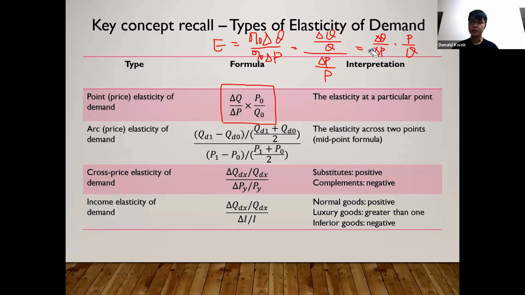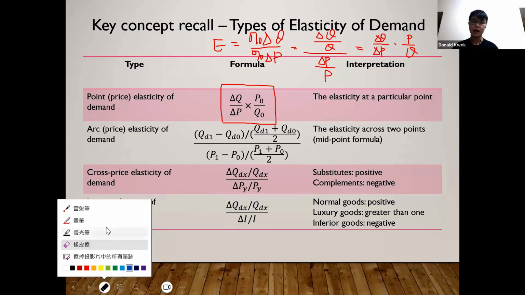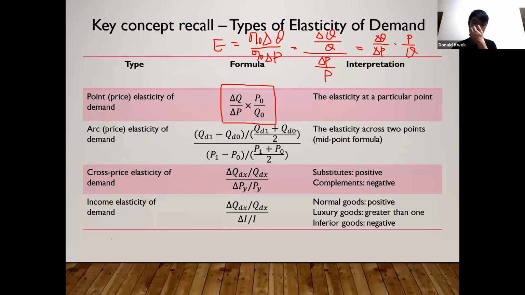Okay, so the second type of elasticity will be the price elasticity of demand using a midpoint formula to calculate the elasticity. So why do we need to do so? Imagine we are trying to calculate the elasticity of demand here, and we have 2 points on this demand curve.